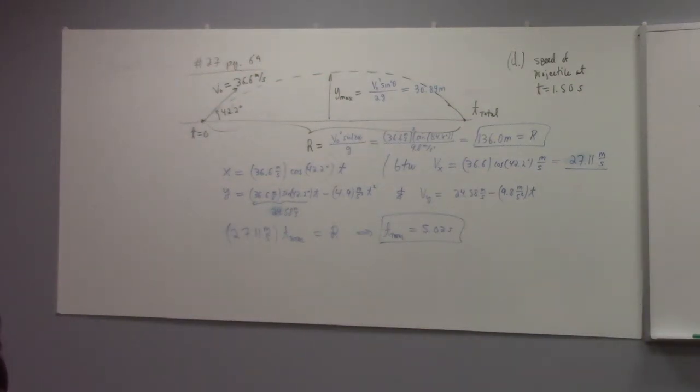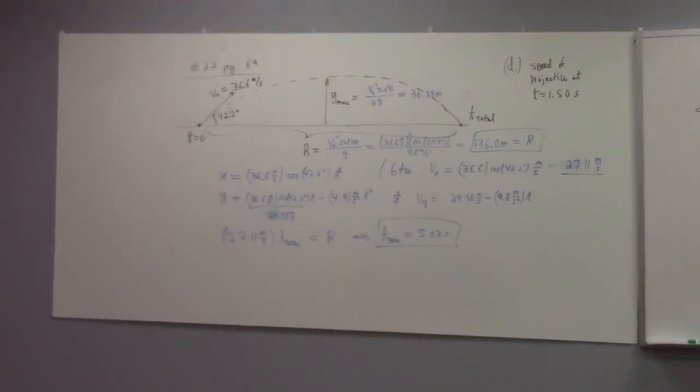I get 9.88 meters per second, right? So you put these together, and we've got a speed, which is the square root of 27.11 squared plus 9.88 squared meters per second. Let me punch the numbers here.